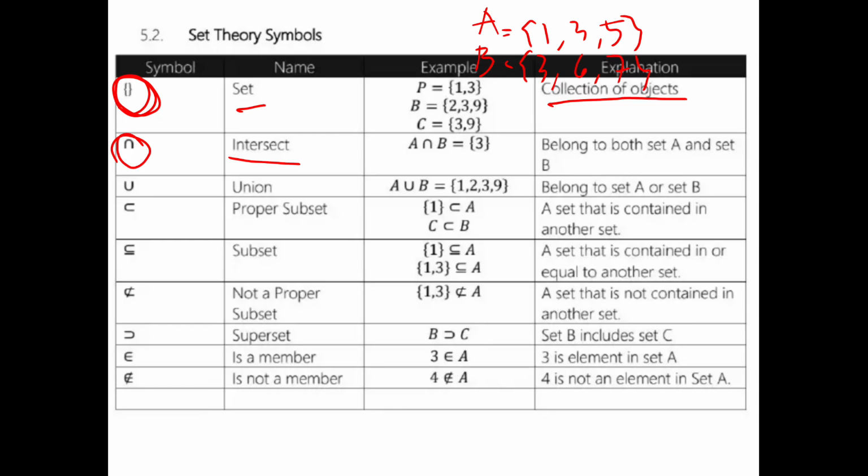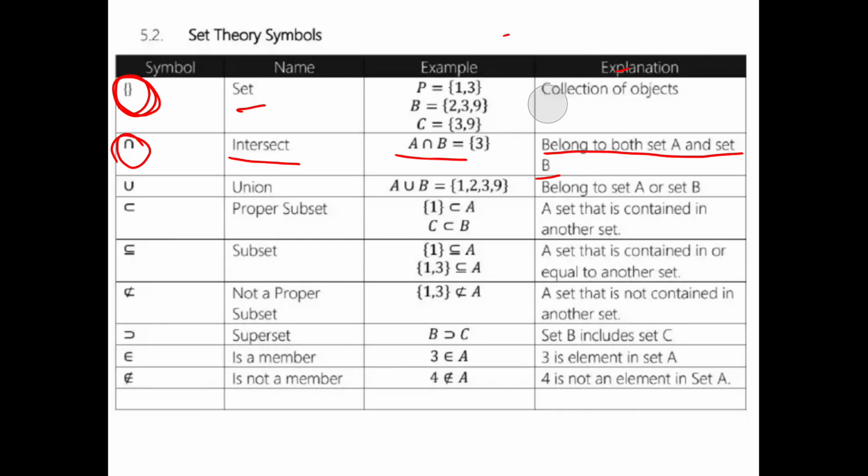When we say intersection, it belongs to both set A and set B. We can see that the only number that belongs to both set A and set B is 3. So this is what intersection is. Both sets should have it, it is common to them. So it belongs to both set A and B.